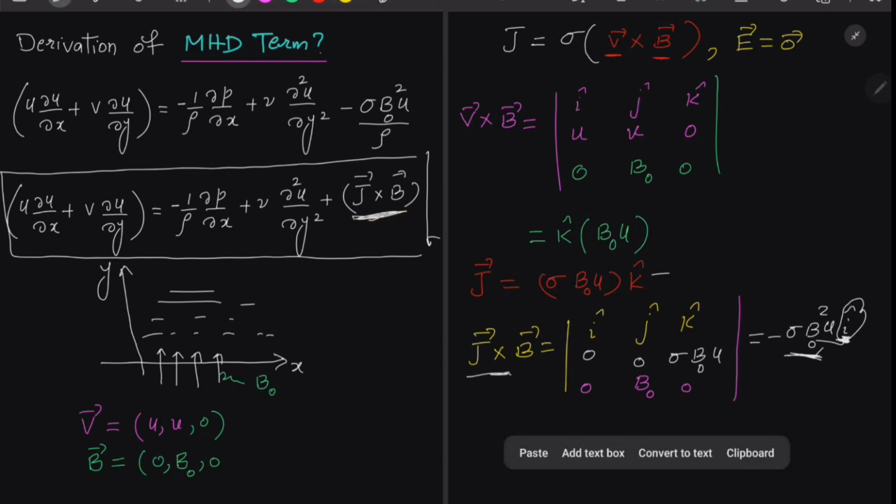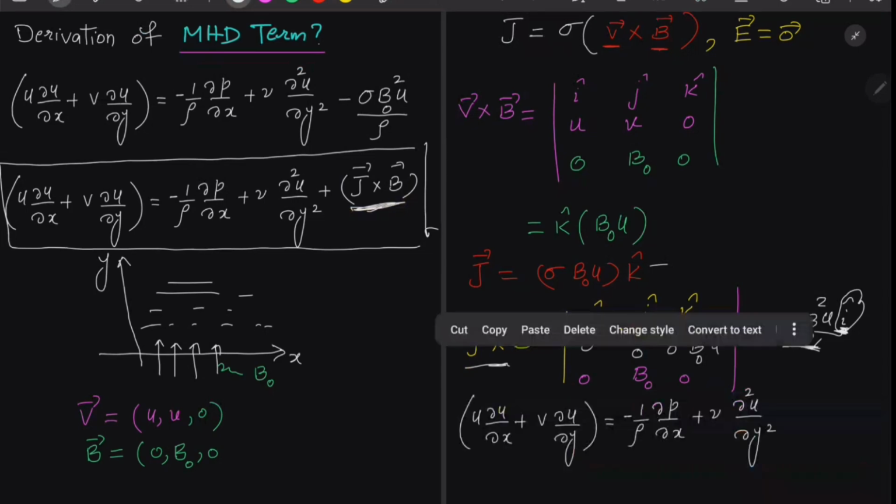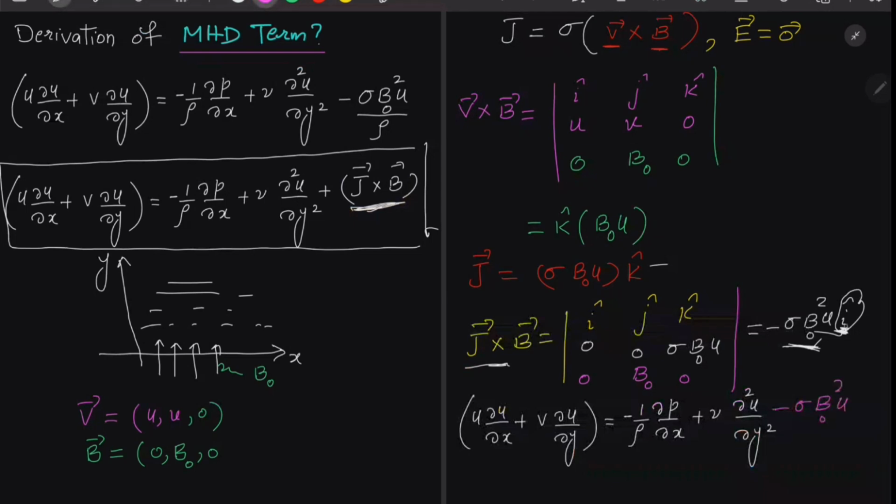So we have minus sigma B naught square u. And remember that the i unit vector just shows that J cross B is acting in the negative x direction. There is a certain meaning to that.